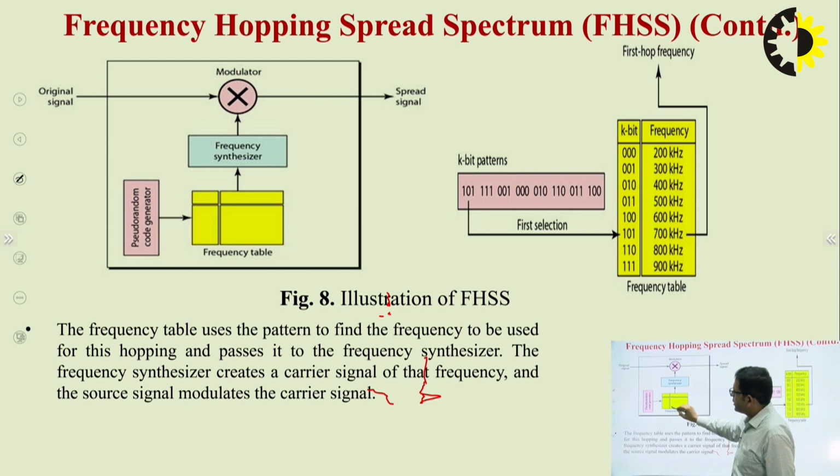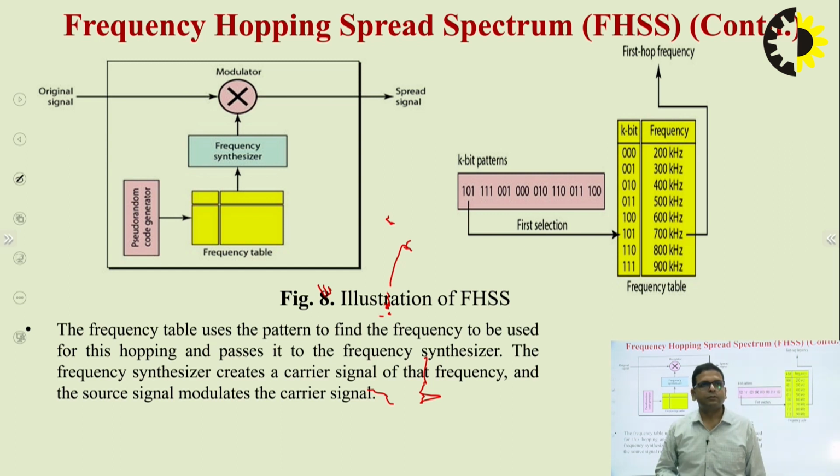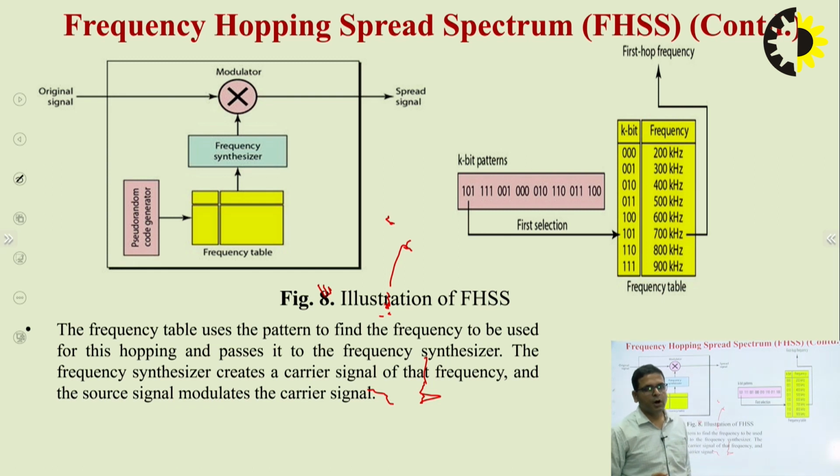For a particular PN sequence, this frequency synthesizer generates a carrier frequency which is further modulated by the original signal. As we change the bits in the PN sequence, the frequency changes and we have a new modulated signal which has an entirely different carrier frequency.